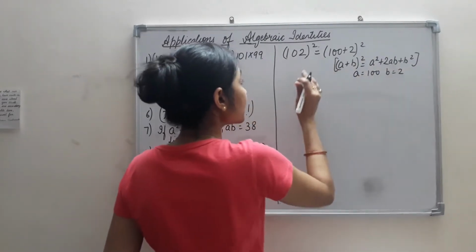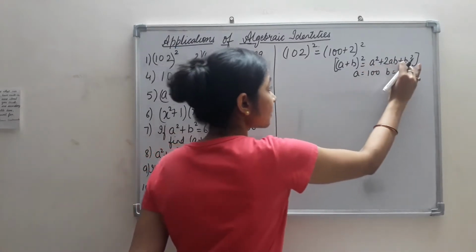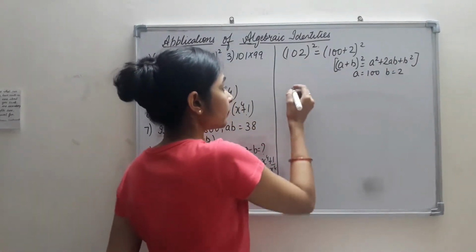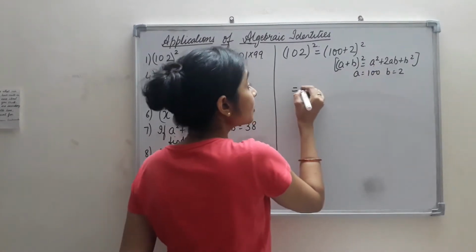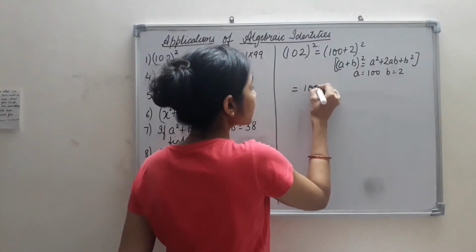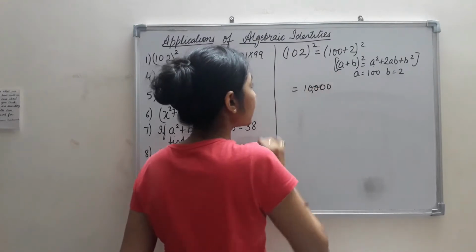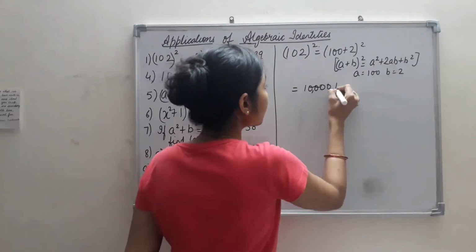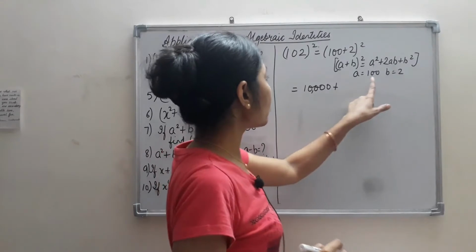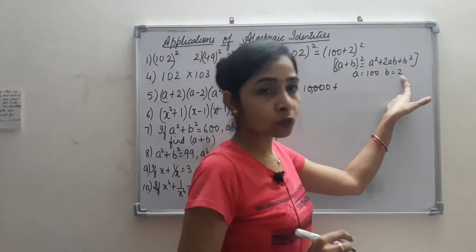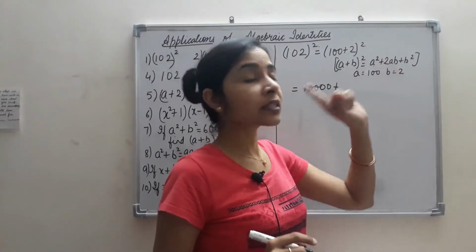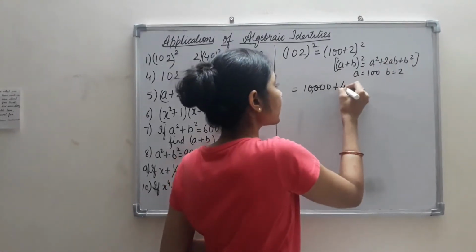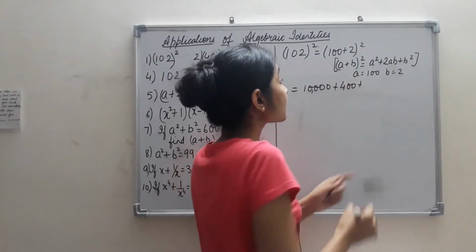Substituting those values in this identity, we get the answer directly. a square, that means 100 square, is 10,000. So we write 10,000 plus 2ab. a into b, 100 into 2 gives 200, and multiplied by 2 gives 400. So we write 400 plus b square.